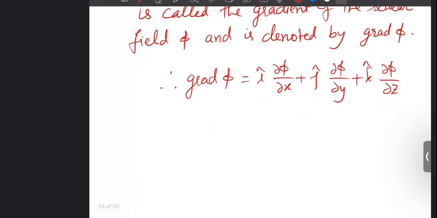Basically, phi is a scalar field, and the operators we have mentioned here, ∂/∂x, ∂/∂y, ∂/∂z, including i, j, k, are also named as an operator.